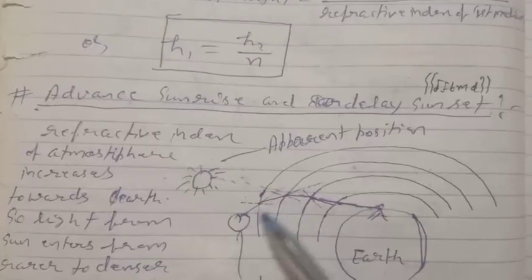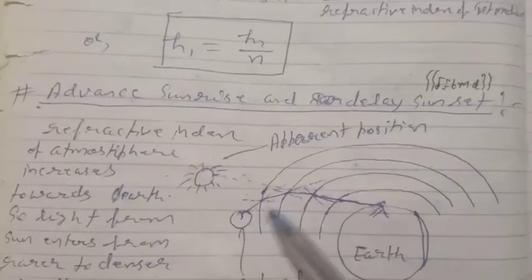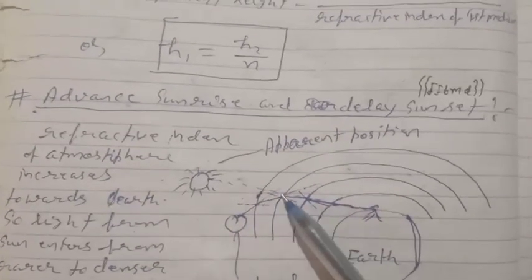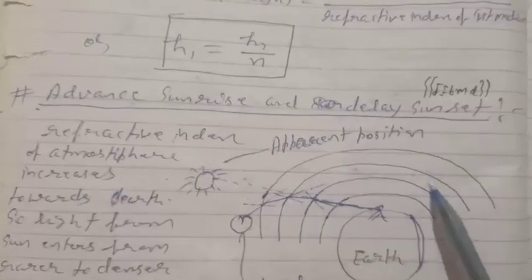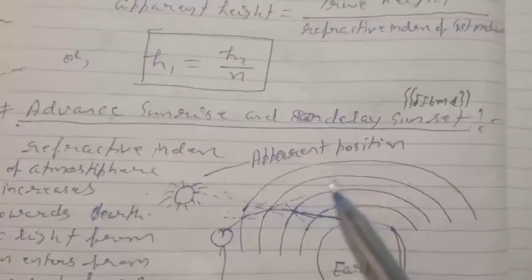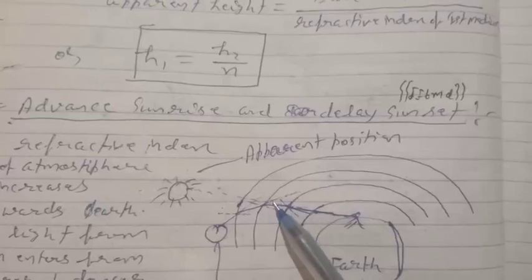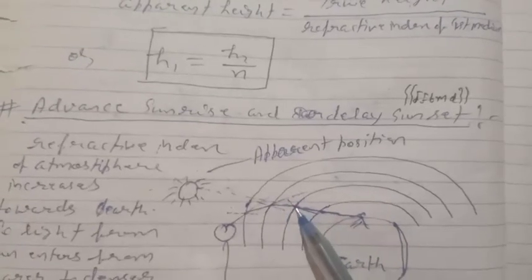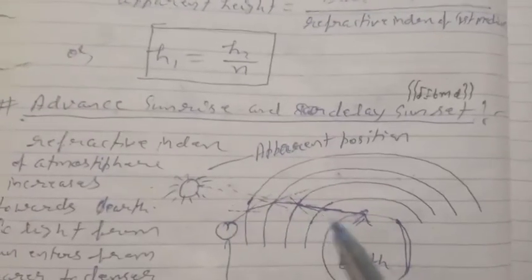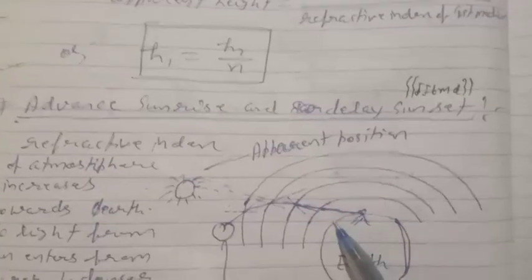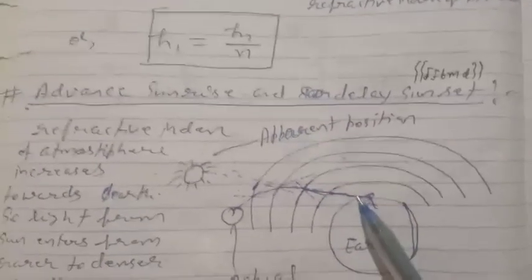The original path will be like this, but due to bending, it will go this way. This is the second layer. The original path will be like this, but due to the bend, light will pass through this, and similarly it will get deflected at every layer and finally reach our eye.